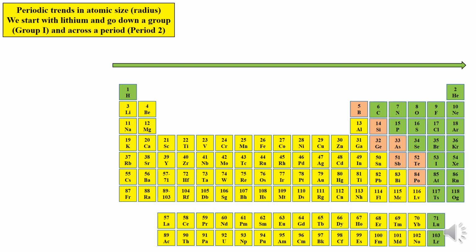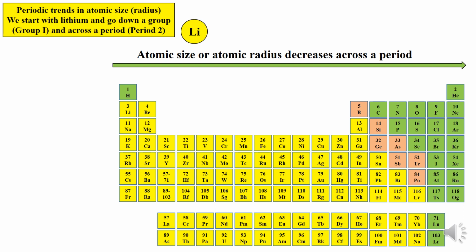So as we move from left to right in the periodic table across a period, you'll find that the atomic size or the atomic radius decreases. Why is that?